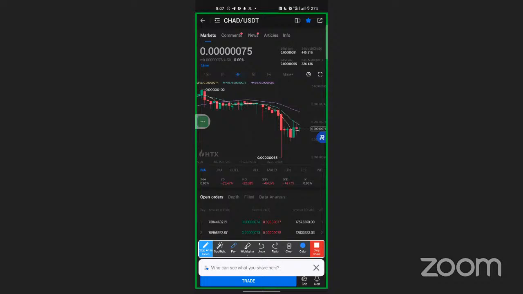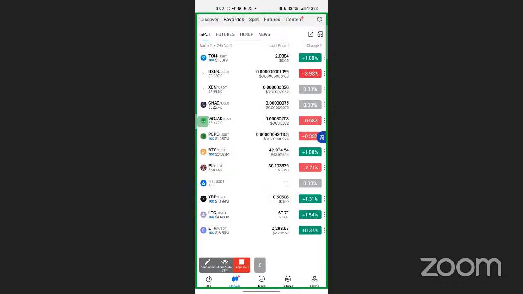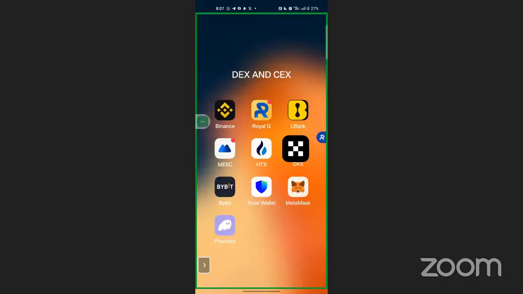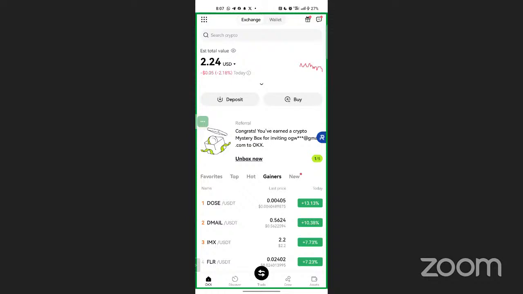This is a 5 moving average, a 10, and a 30. That's what these use. And another sample space, I'll go to OKX, and I'll pick any trade.